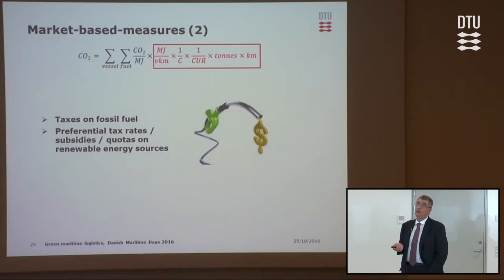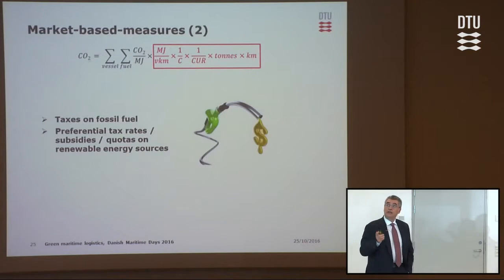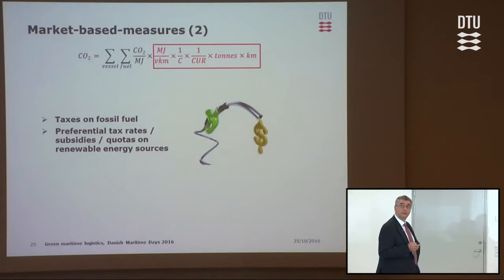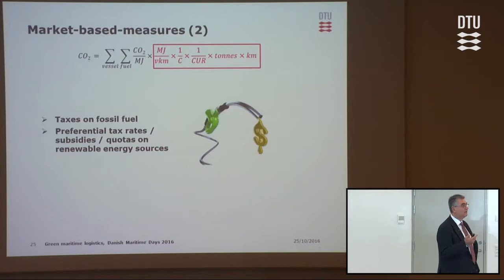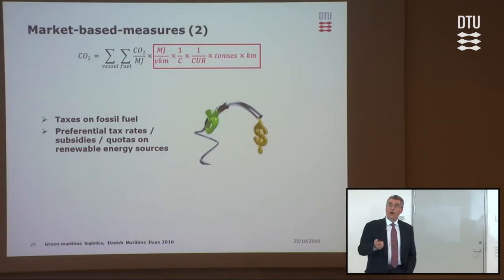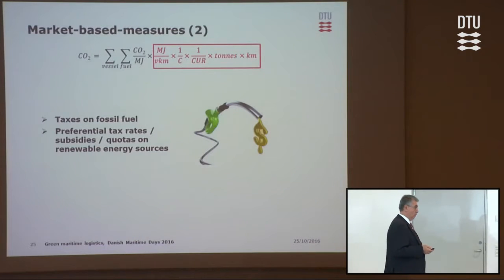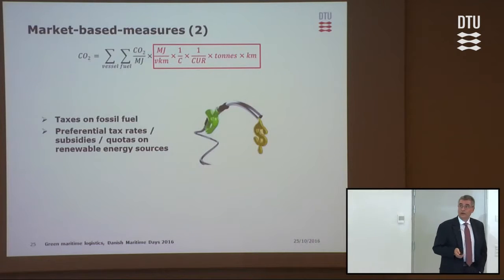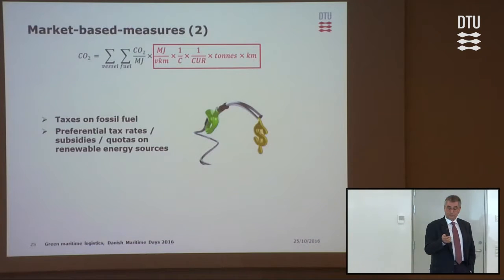The second type of MBMs target the energy consumed, and it can take the form of a tax or a fund or a levy on fossil fuel, or equivalently the offering of a tax rebate or a subsidy or a quota for renewable energy sources.